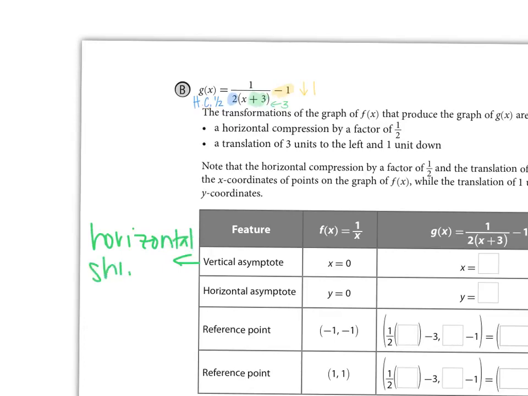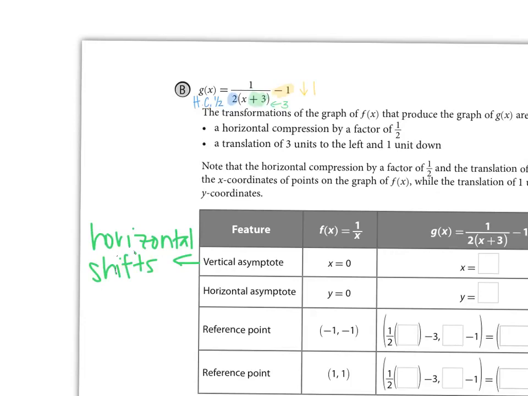This is going to be a very confusing idea, this idea of horizontal shifts changing the vertical asymptotes. It makes sense when you think about it, but just those words are going to be conflicting a lot. So you have to be intentional about remembering that.